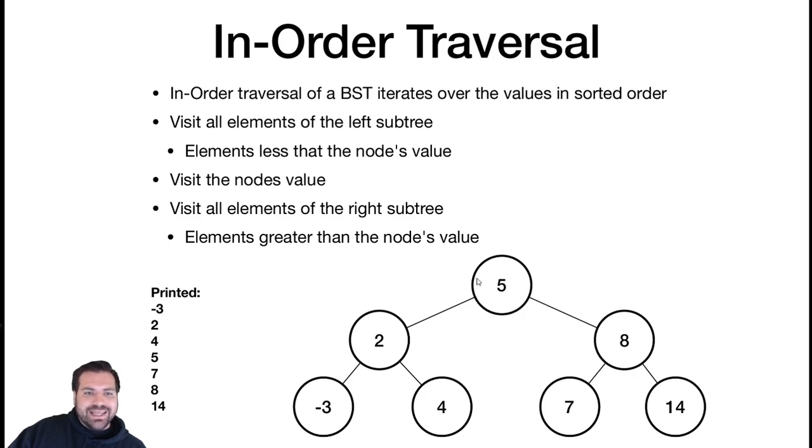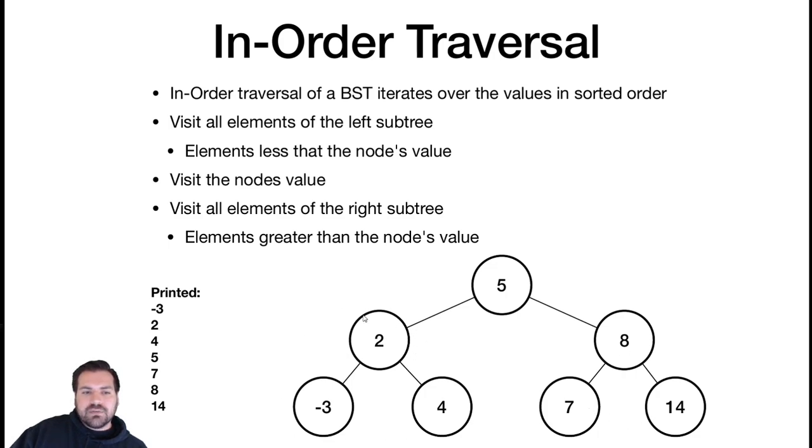If we visit any node, say we're visiting the root node, what an in-order traversal does is visit all of the left subtree, then this node, then all of the right subtree. Well, our BST says everything in the left subtree is less than this value, or equal to in our case. Everything in the right subtree is greater than.